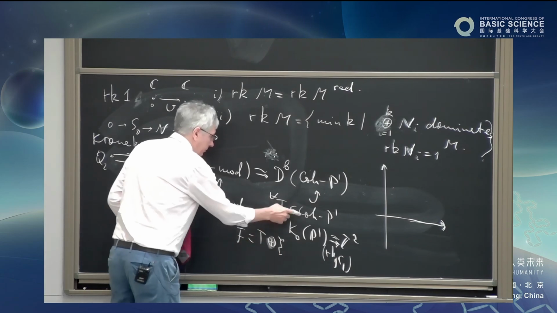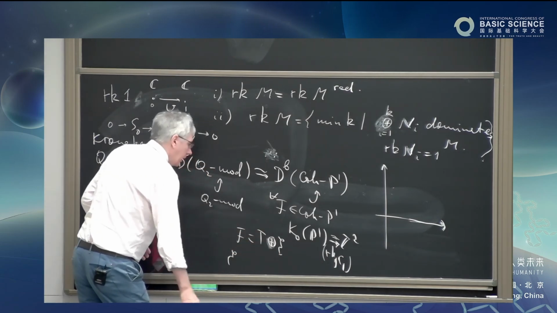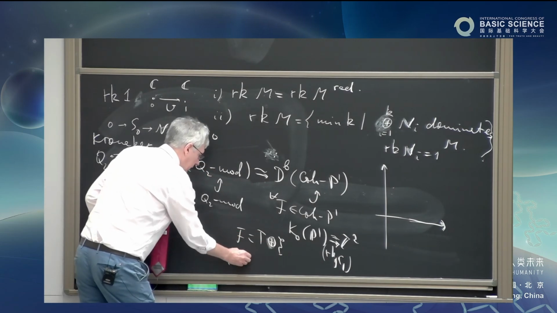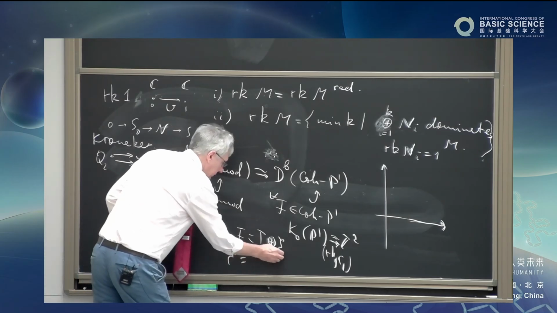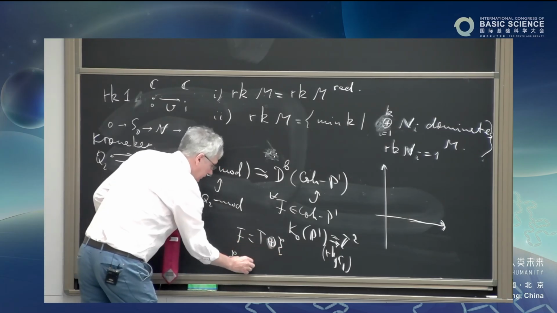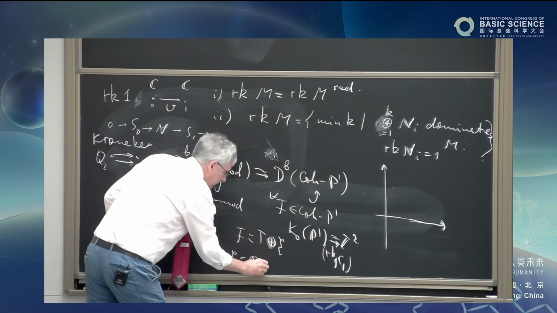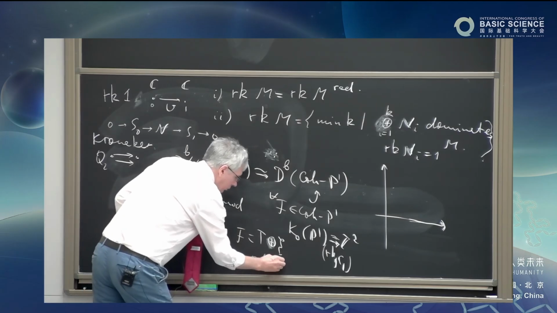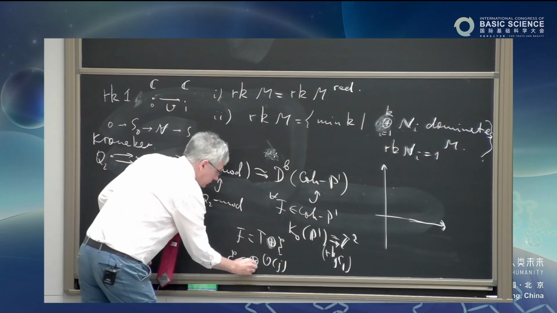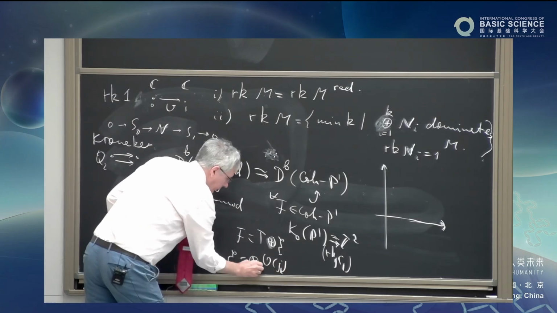And moreover, for P1, every locally free sheaf, meaning a vector bundle, is actually a sum of line bundles O(j_k), summed over k.